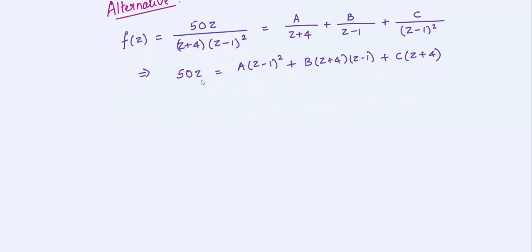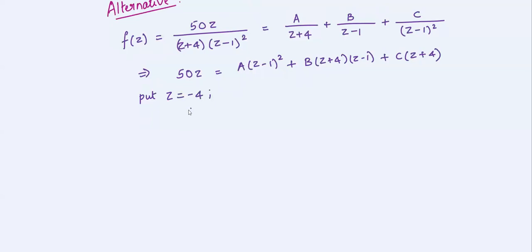Now we simply want B. But B cannot be independently found because it has both the factors. Now put z equal to minus 4.